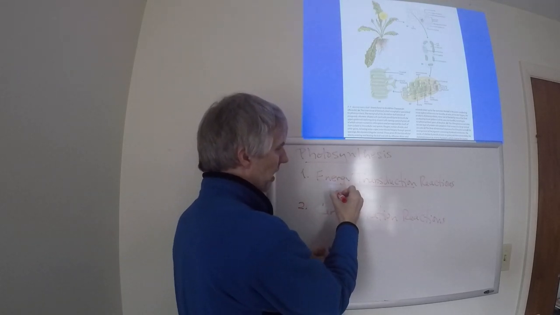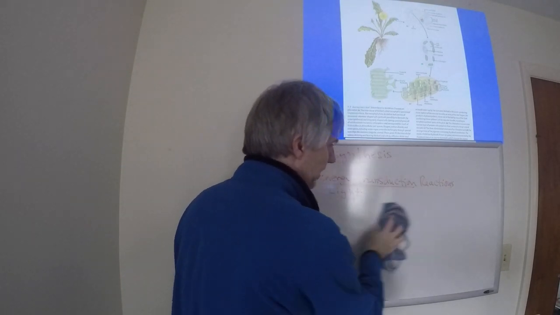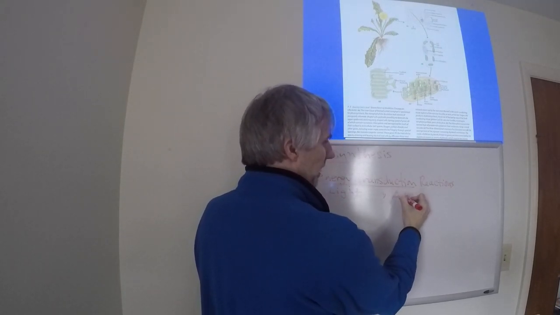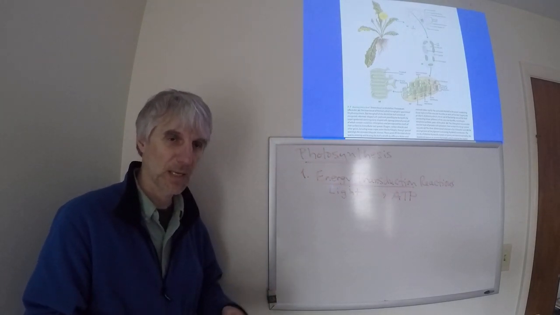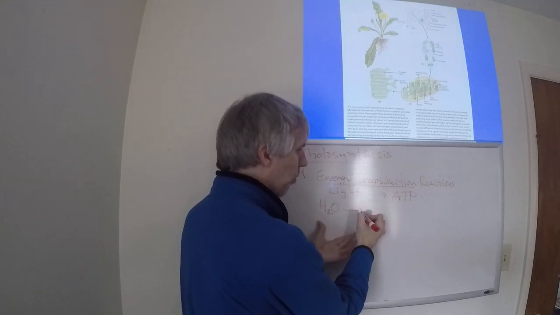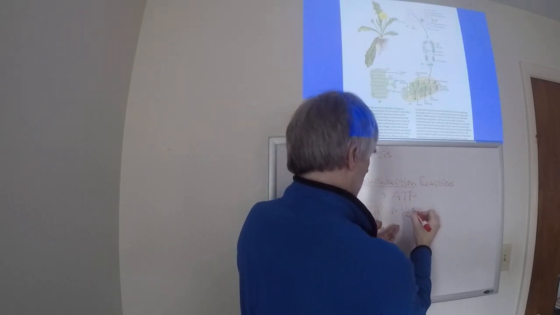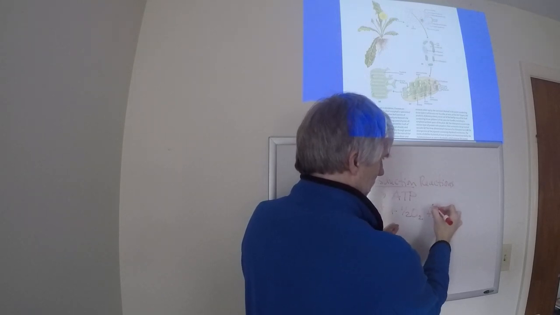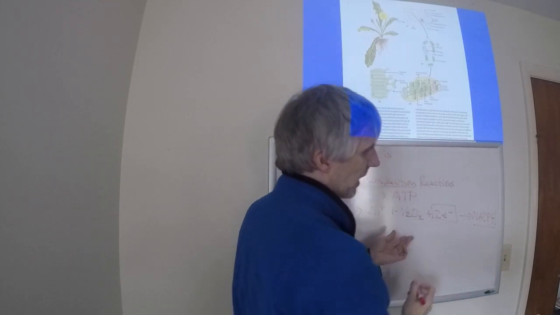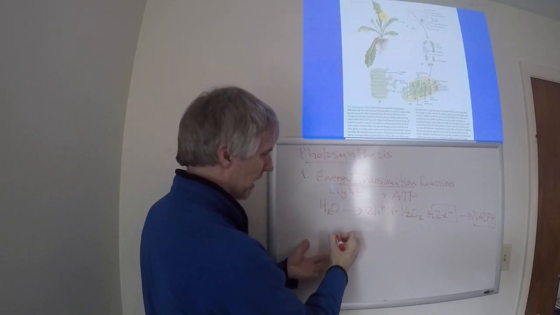So in the energy transduction reactions, we're going to take light and we're going to convert that light into ATP, okay? And we're going to take electrons from water and we're going to move these electrons to an electron carrier called NADP+ to make a reduced form called NADPH.